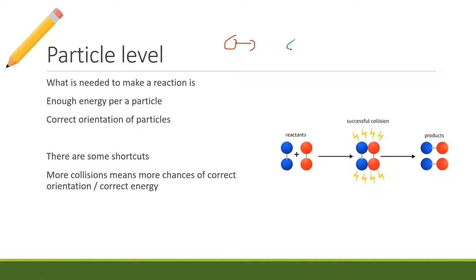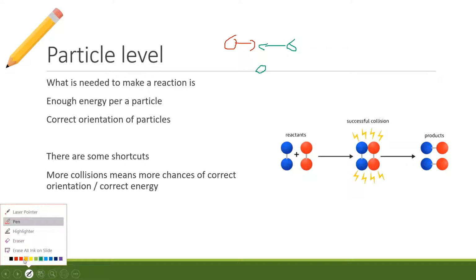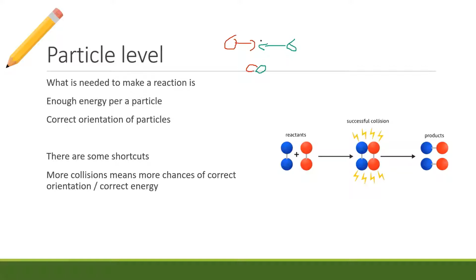So there's a 50% chance that when they collide, they will make a new molecule. There's also a 50% chance that that'll be it: they'll just bounce off each other and fly off.